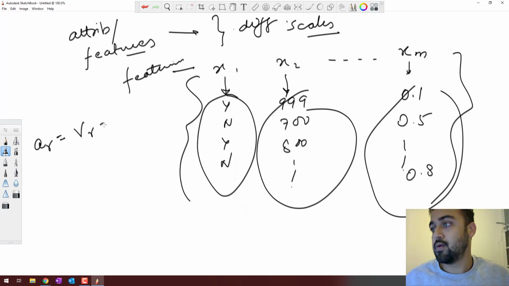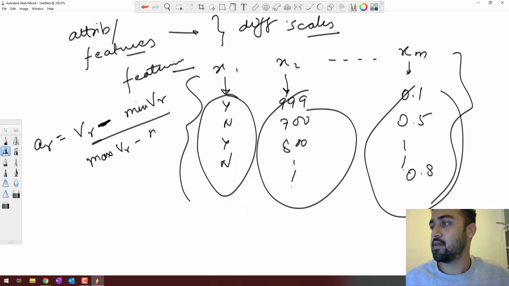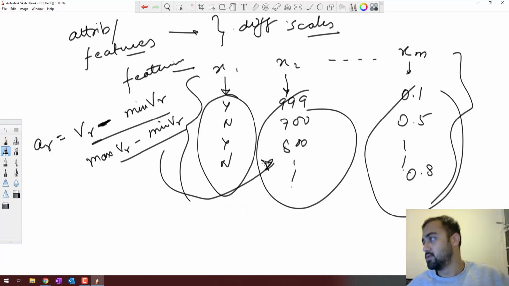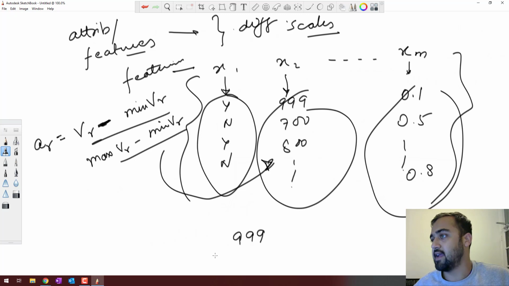So what we get is the value minus min value, divided by max value minus min value. Let's take the example for x2. Let's say the maximum value that x2 can have is 999, and the minimum value is 0.